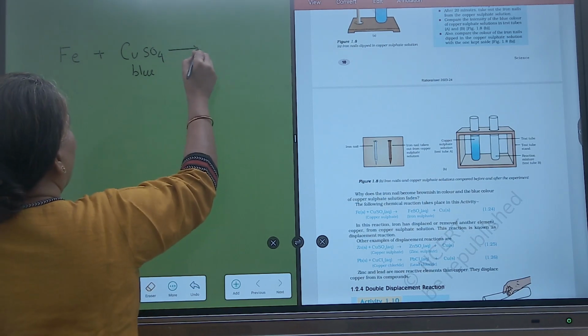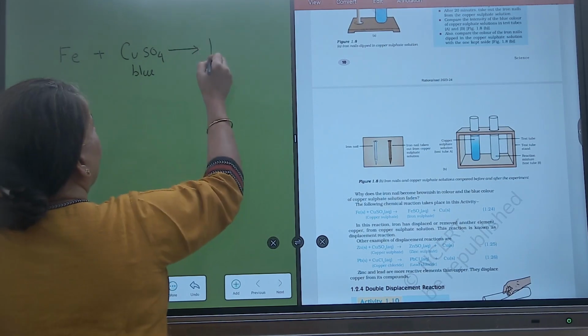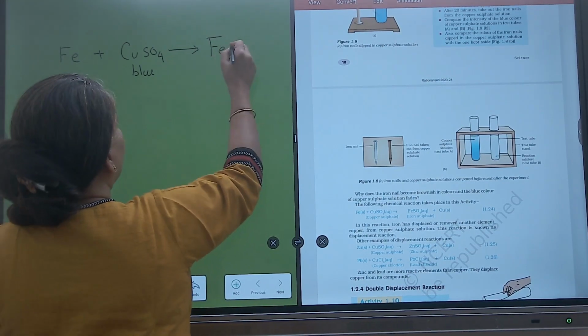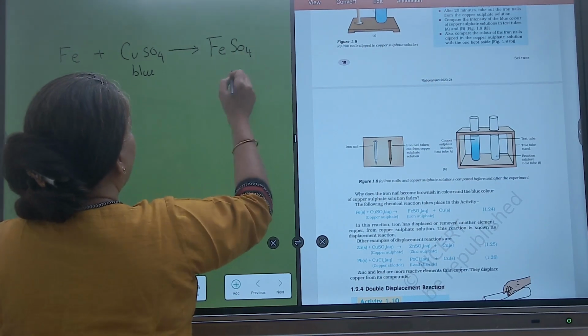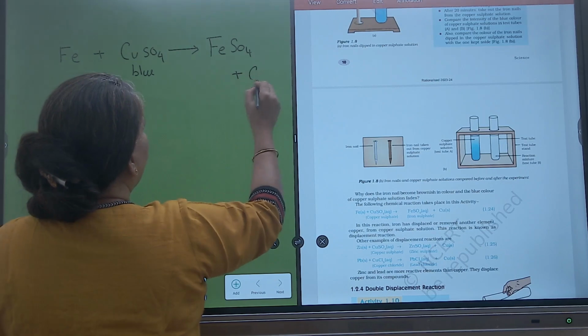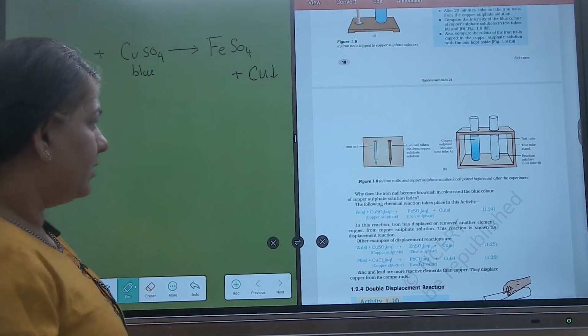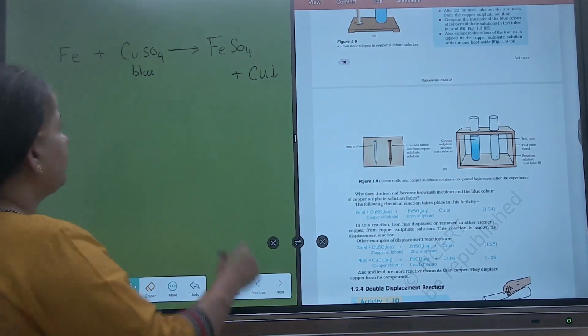What happens after 20 minutes? Iron will replace copper from its solution. So we get FeSO4, ferrous sulfate, plus copper, which will be deposited on the iron nail. That gives a brown finish to the iron nail.